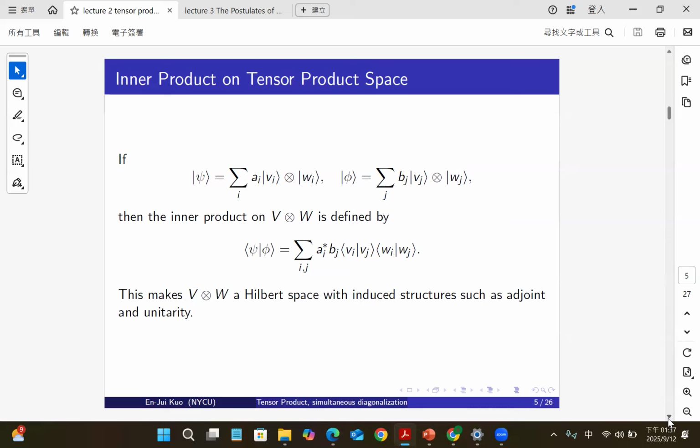So let's say, for example, I can do this: 0, 0 plus 0, 1. Okay, so I'll just be lazy. I write 0, 0 as 0 tensor 0, and then 0, 1 as 0 tensor 1, as short notation for 0, 1. And let's say I take phi to be maybe 0, 0.